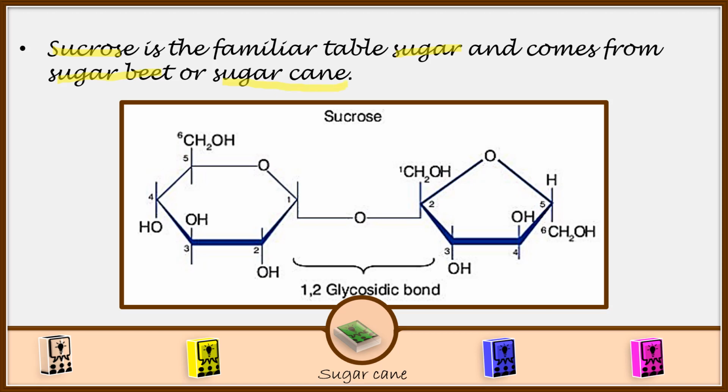So sucrose is the same as the sugar we take in tea, or what we call sugar cane sugar or sugar beet sugar. It is the table sugar that we use in our tea, that is sucrose.